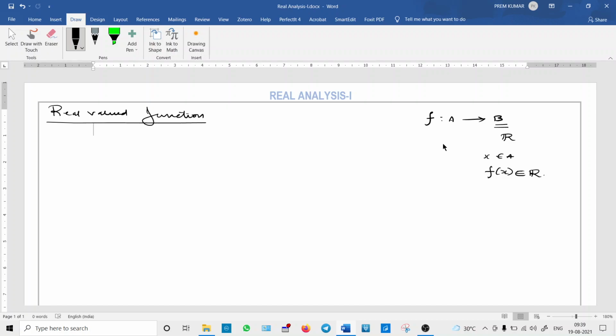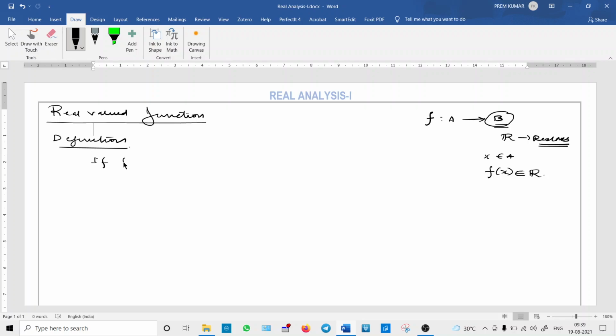And this function where the codomain is B, the set of all real numbers, we call a real valued function. That is the definition of a real valued function. So we can write a definition. What is a real valued function?